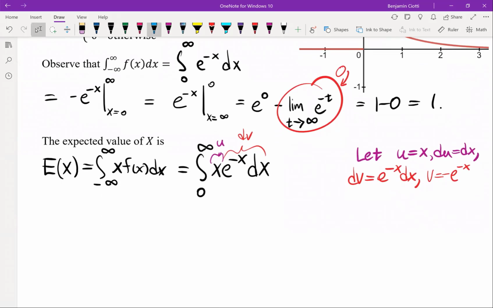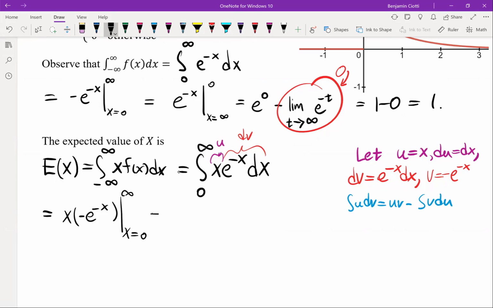The integration by parts formula, if you recall, was that the integral of u dv is uv minus the integral of v du. So we get x times negative e to the negative x from 0 to infinity minus the integral from 0 to infinity of negative e to the negative x dx, according to the integration by parts formula.